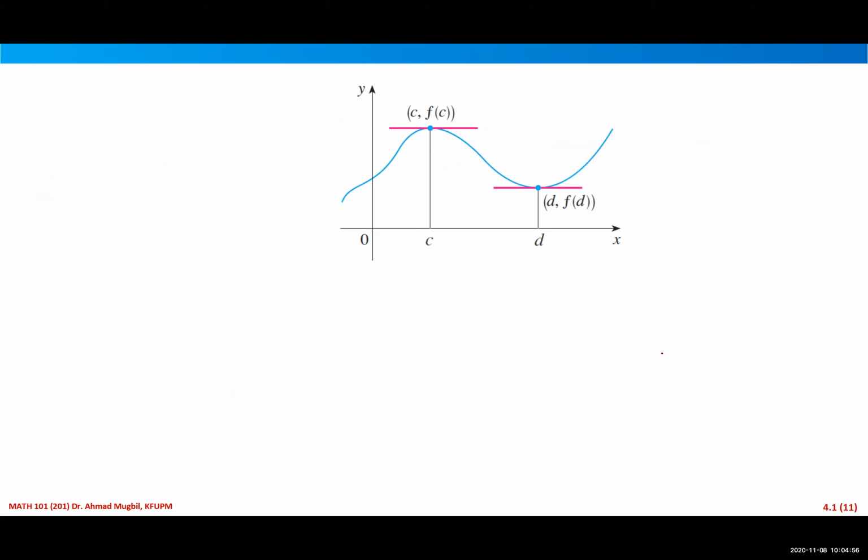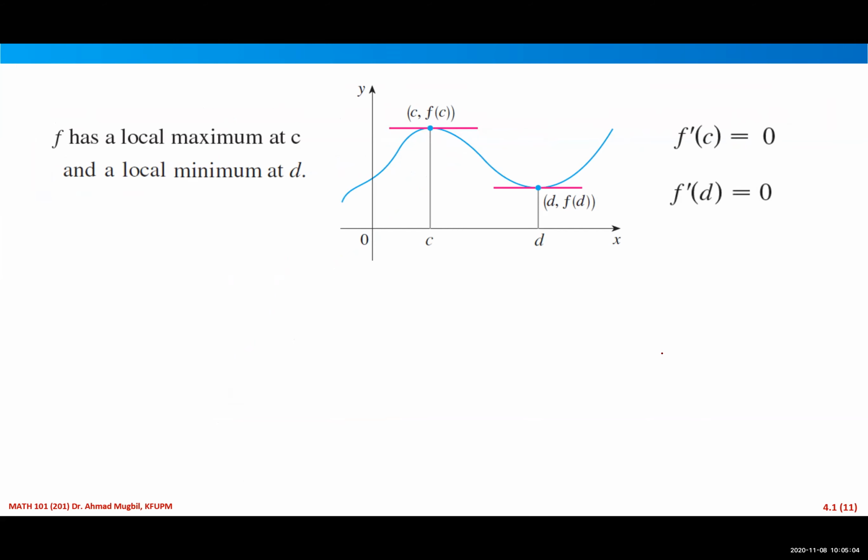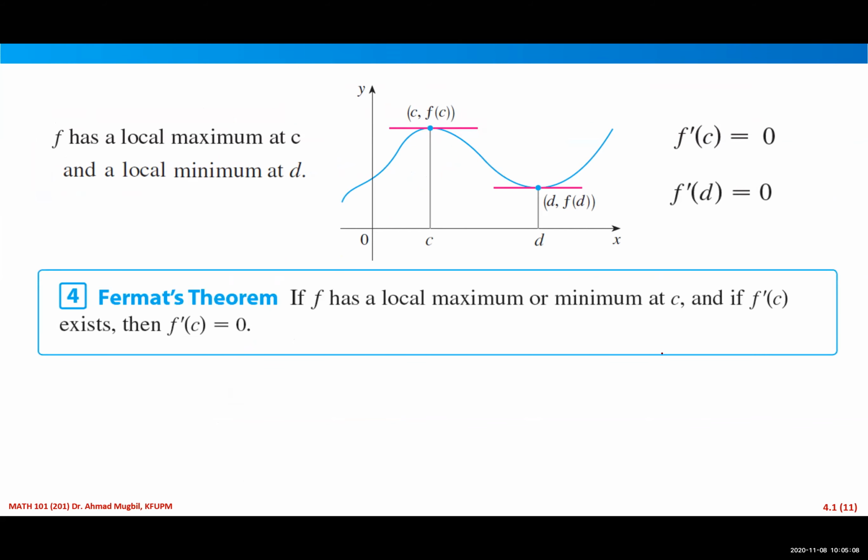Now, of course, when you have a local maximum or a local minimum at some points, then the derivative will be 0 at these numbers. And this is what Fermat's theorem says. It says if you have a local maximum or minimum at some number c, then the derivative at that number is 0, provided that the derivative exists.